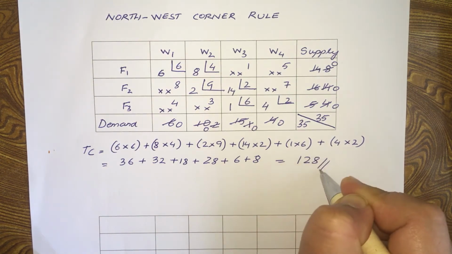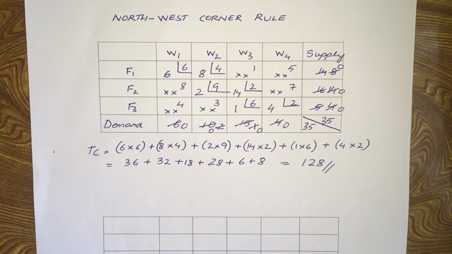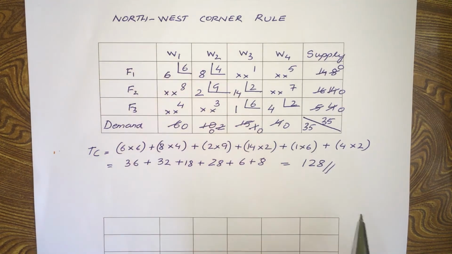Total cost is 128. So this is how you solve a transportation problem using the northwest corner rule.